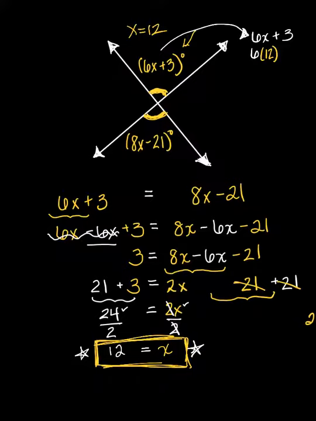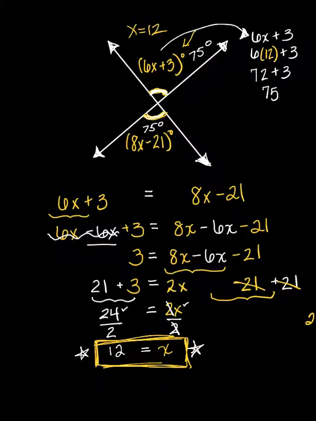All right, so 6 times 12 plus 3. This becomes 72 plus 3, which is 75. So this angle is 75 degrees. Now, because we know they're congruent, this one should also be 75 degrees. Let's double check that.